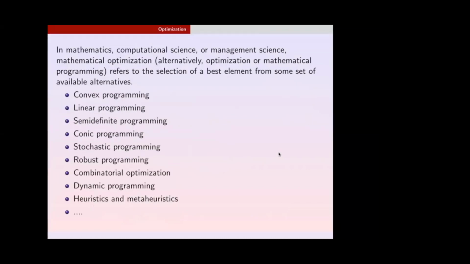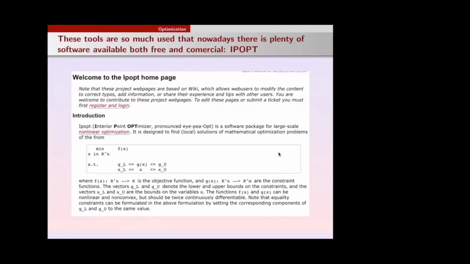And this is why optimization theory is so broad. You will see subfields like convex programming, linear programming, semidefinite programming, stochastic programming, robust programming, right? You certainly know. This is one of the most relevant fields in applied mathematics.